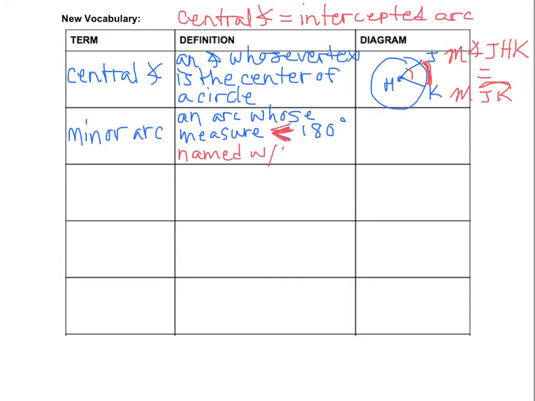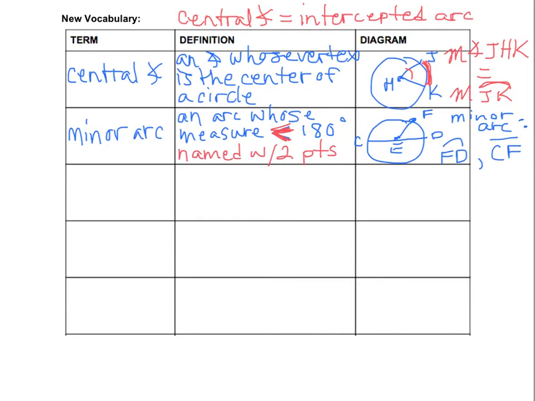by using 2 points. So if we have our picture here, and we have our diameter of, let's say, CD with a center at E, and let's say we have another radius coming out to point F, then a minor arc in this picture, an example would be either arc FD, and you can see 2 letters is sufficient, or arc CF.